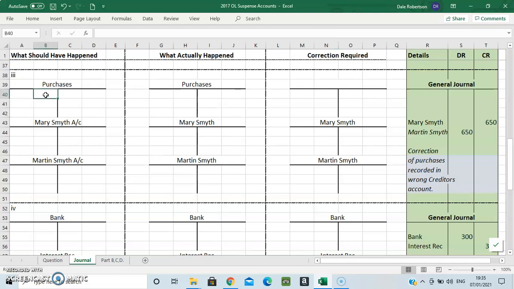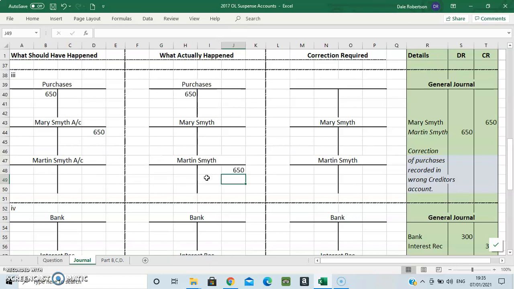Purchases always go on the debit side of our own account, and then it will go on the credit side of whoever this is. Now, it should have been Mary, so that 650 goes on the credit side. That's what should have happened. What actually happened is the 650 did go into purchases, but instead it was credited to Martin's account, which is 650 there.